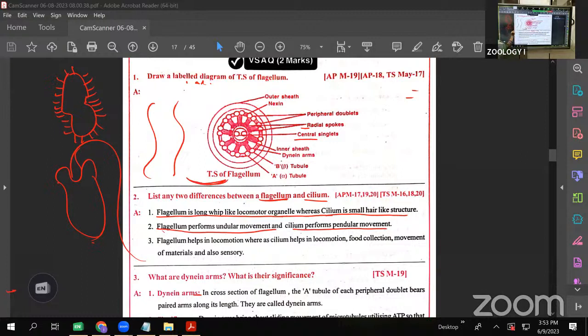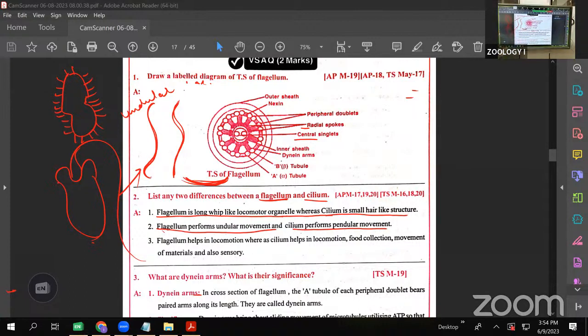Which one? The flagella has undulatory movement, meaning the movement occurs from anterior to posterior, or otherwise posterior to anterior. That we call undulatory movement. What about the cilia? They have pendular movement, meaning they move right to left, like a watch pendulum. They are moving right to left to right.